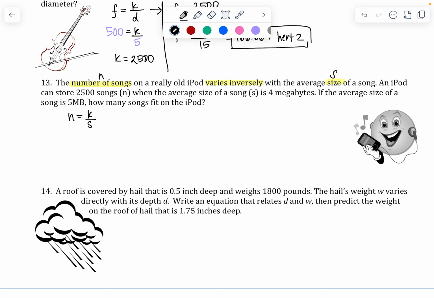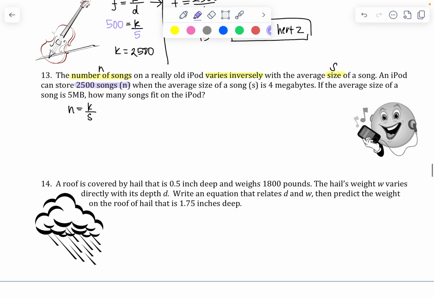An iPod can store 2,500 songs when the average size of a song is 4. So we have 2,500 songs. Size is 4 megabytes.